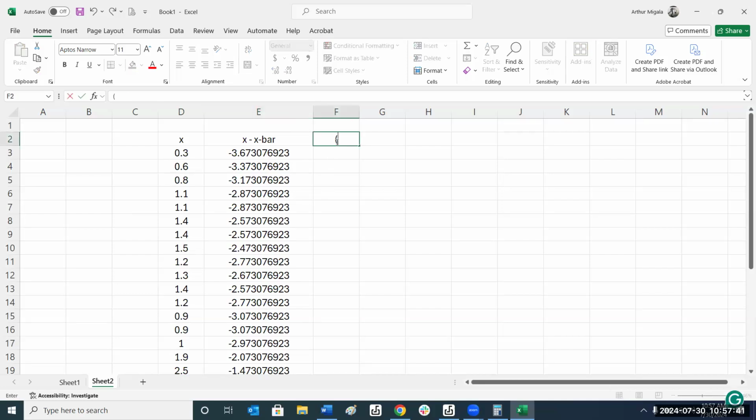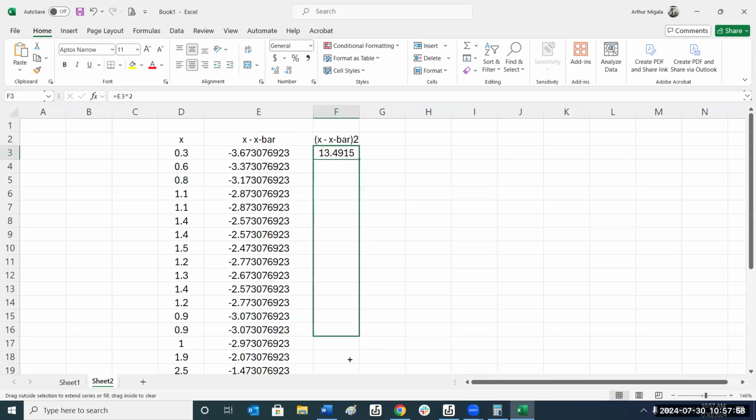So now we have to do X minus X bar squared, to the power 2. It's like this number times itself. I get that.